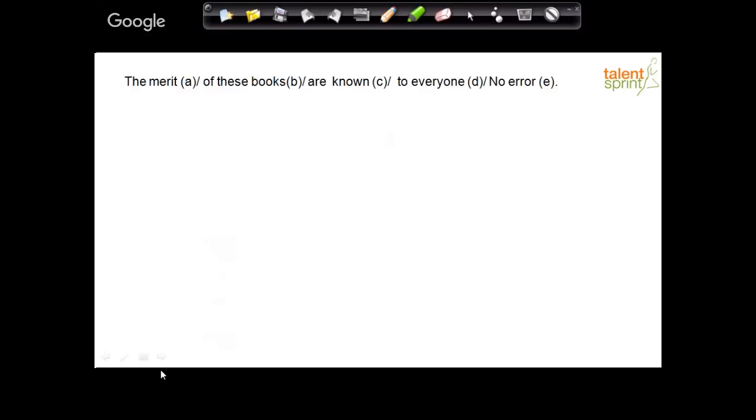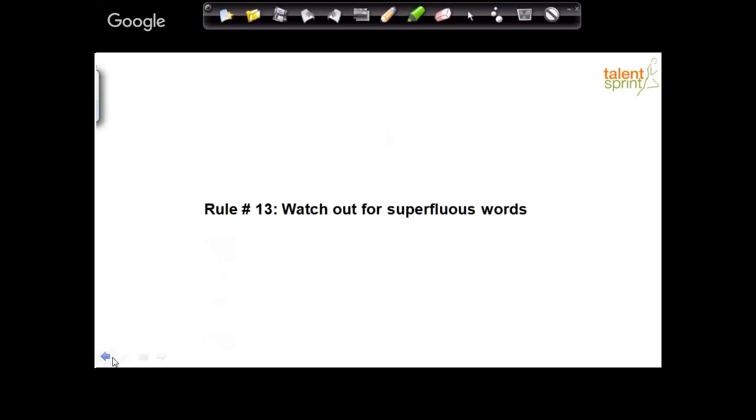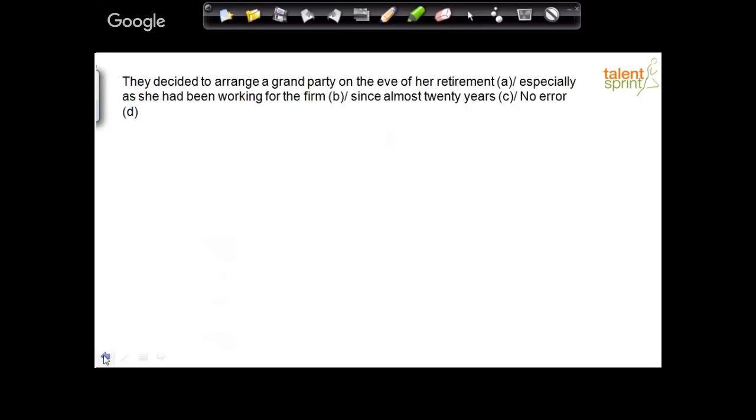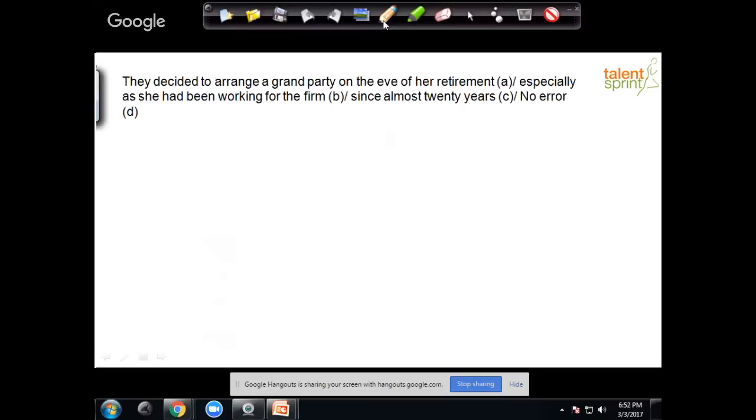Okay, let's go back. Bestie has a doubt. Is it this one, Bestie? What's wrong with she had been? Okay, now quickly, just for Bestie's sake, if you look at the context, Bestie, 2 actions are there in the past, right?